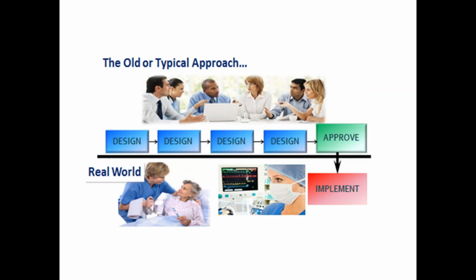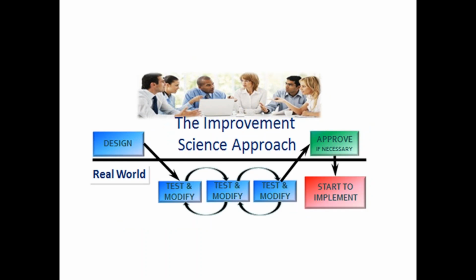So just to start to sum up, this is the old or typical approach of doing things. It certainly was my approach back in the day whenever I was trying to solve problems, where you designed something and then you approved it and then you implemented it. Well, the improvement science approach is design, then test it, and continuously test that approach.